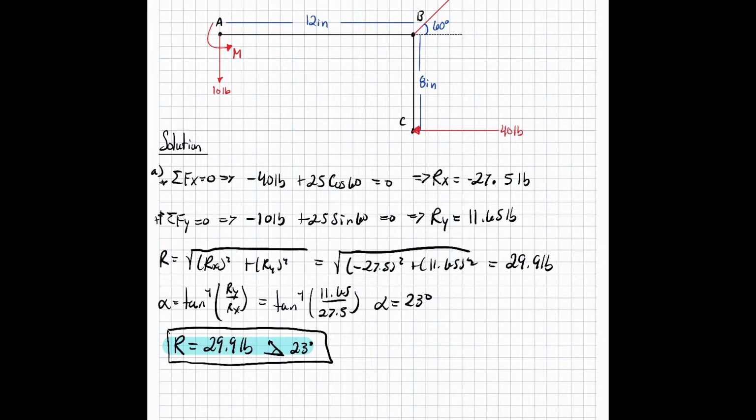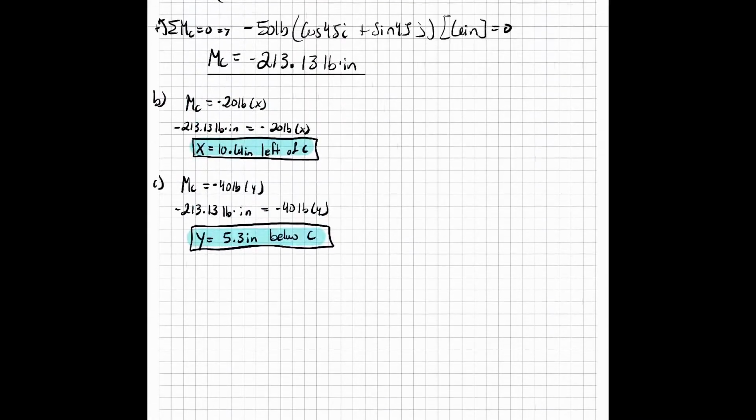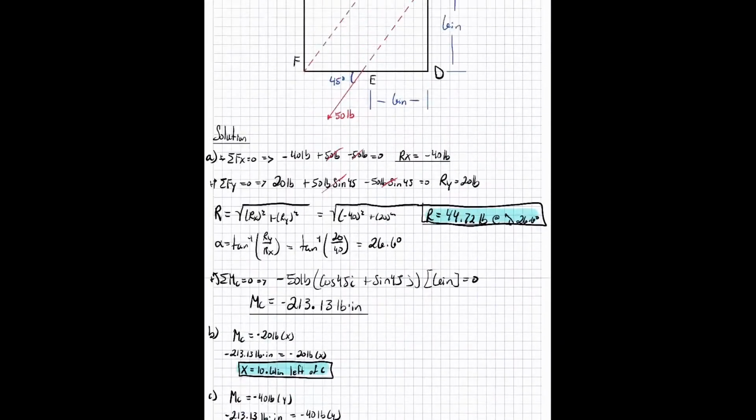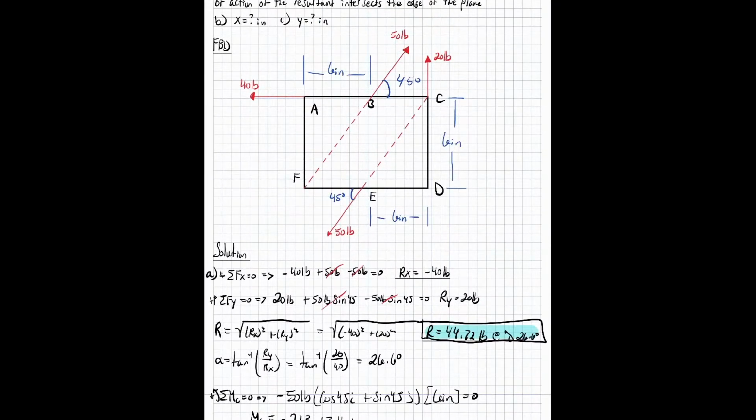Either way, to know where the resultant is occurring, just like we did in 3.108, we take the evaluation of our moment about C in consideration of the x and y direction. So if we point at C, we can only go left in the x direction or down in the y direction.